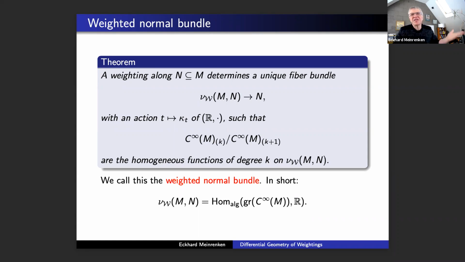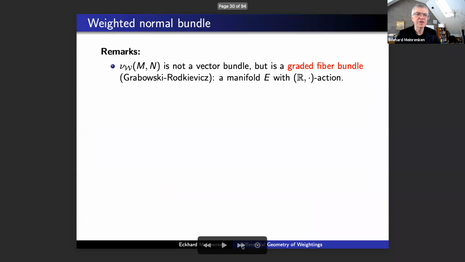So you can basically see this is definitely the right definition. What makes it a theorem is that this really becomes a smooth fiber bundle. So that's very good. But the first thing to say is it's not a vector bundle, right? It has this action of the monoid of scalars, there's a scalar multiplication on it, but it's not a vector bundle.